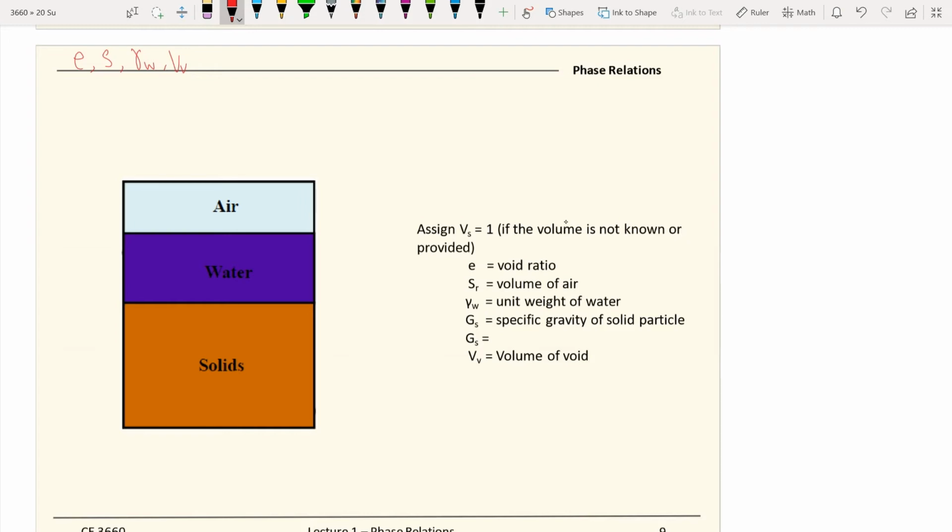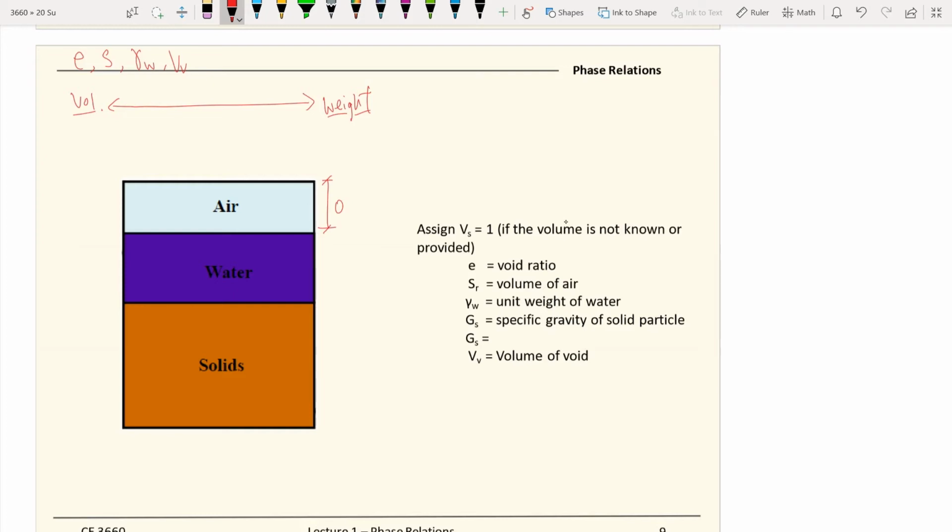And one more time, very important: the main purpose of the phase diagram is to link the information between the weight and the volumes of a given soil sample. We know that the weight of air is equal to 0, so just take care of that first. In order to link between the weight and the volumes, I always want you to remember this.